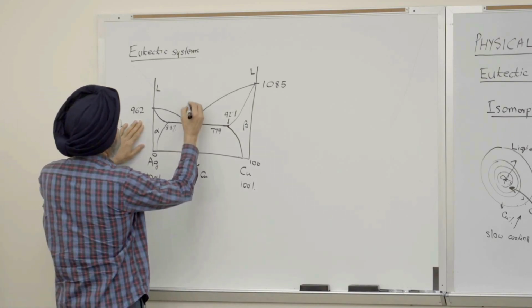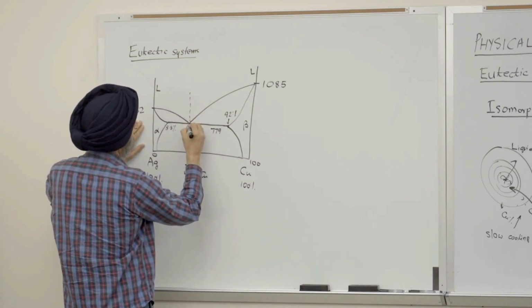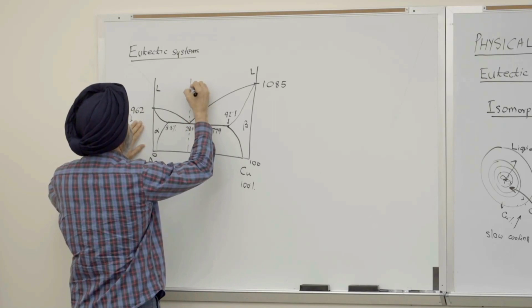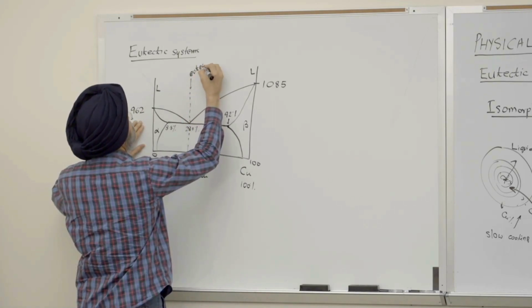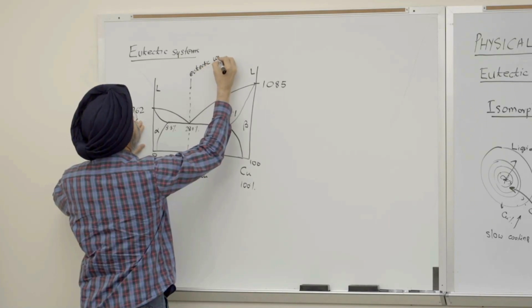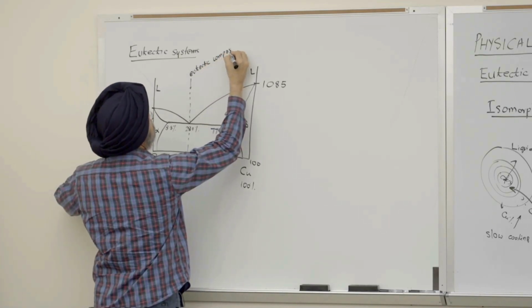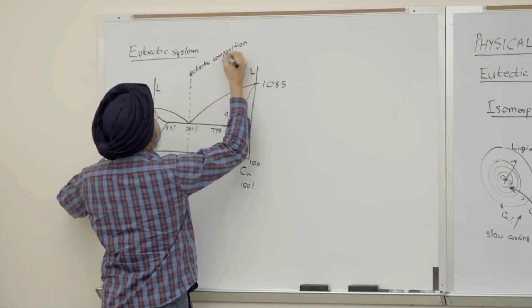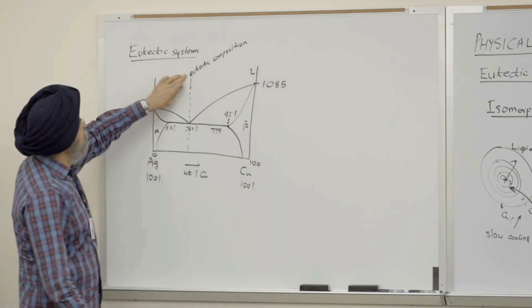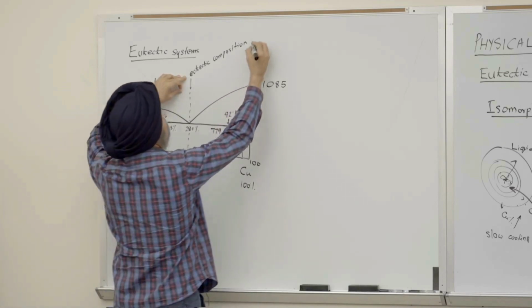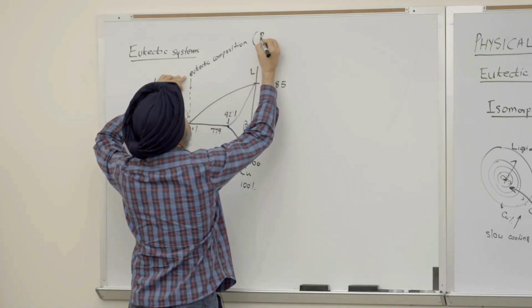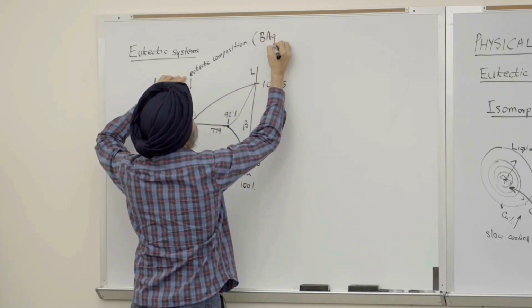So let me pick a nice composition, this one. So we call this the eutectic composition. Now this is very important for us right now, because this is also called BAG8.